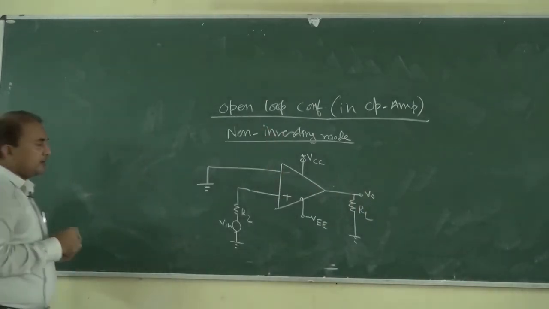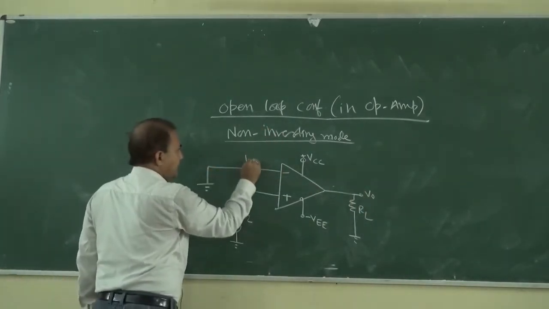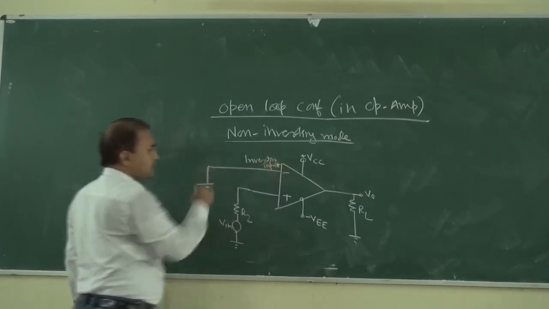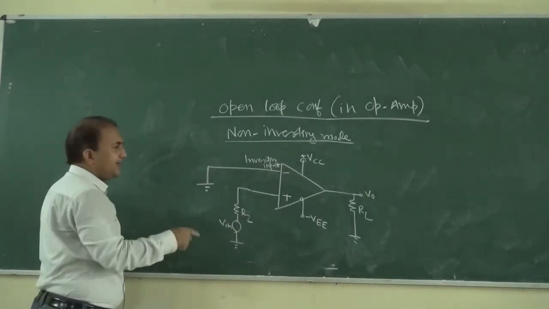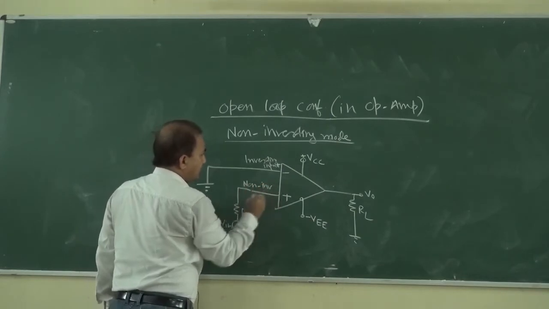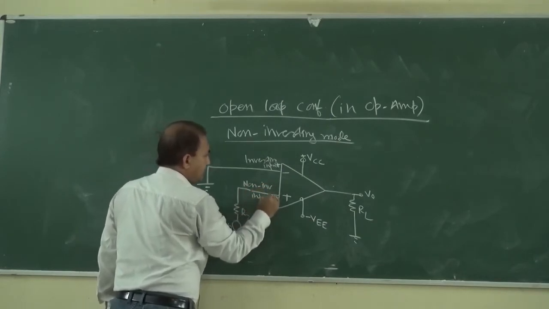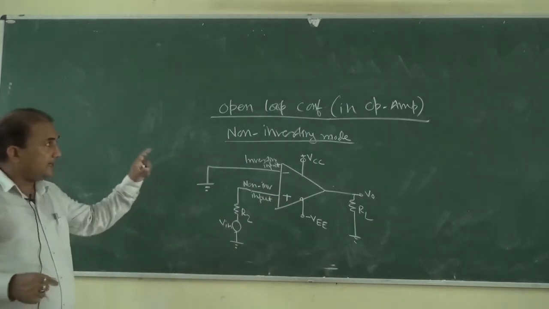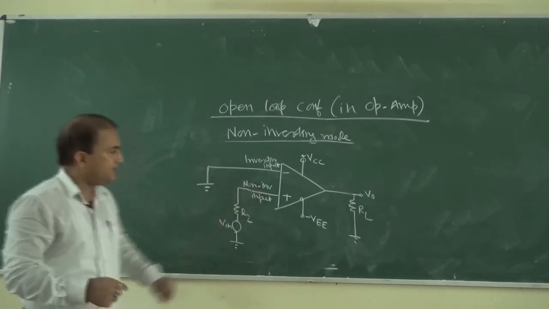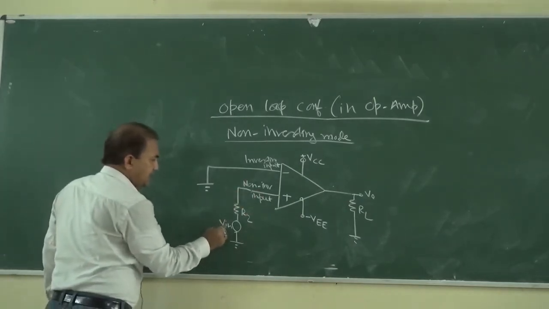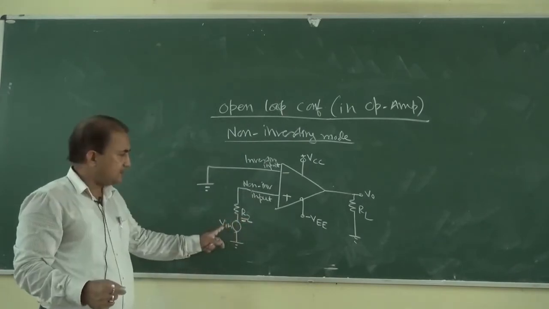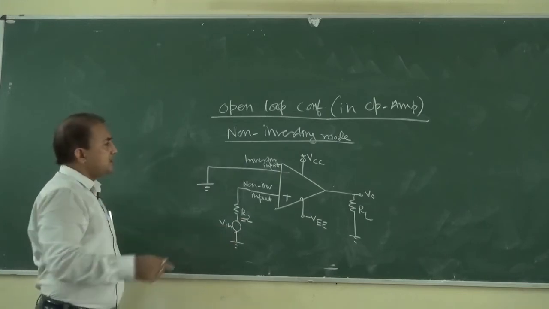In case of non-inverting mode, the inverting input is connected to ground, whereas Vin is applied to the non-inverting input terminal. Okay. So in case of non-inverting mode, the input signal Vin is applied to the non-inverting input terminal. See, Vin is the input voltage source, and R2 is the internal resistance of this input voltage source.